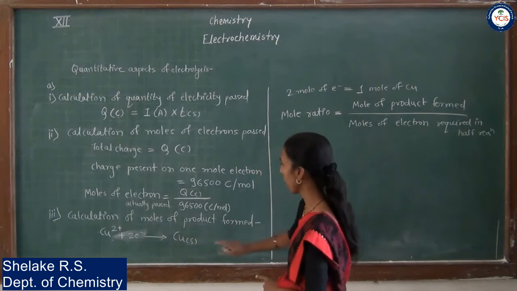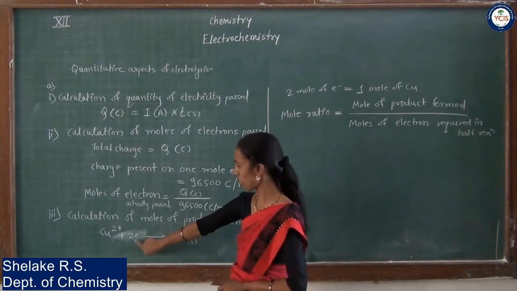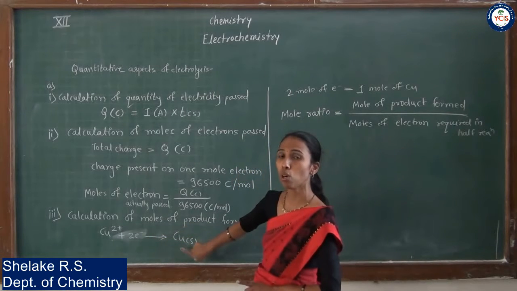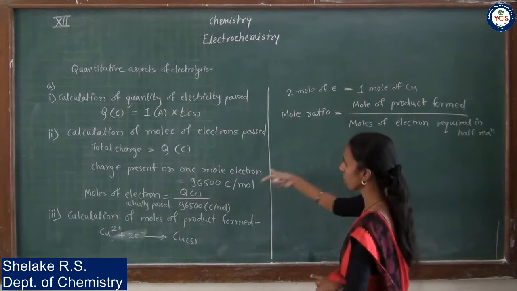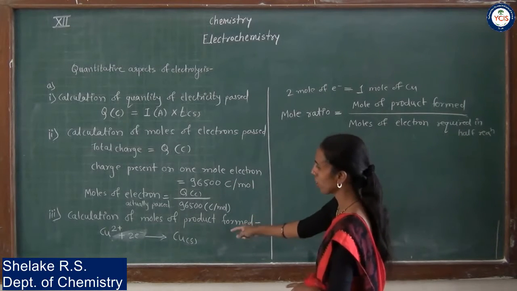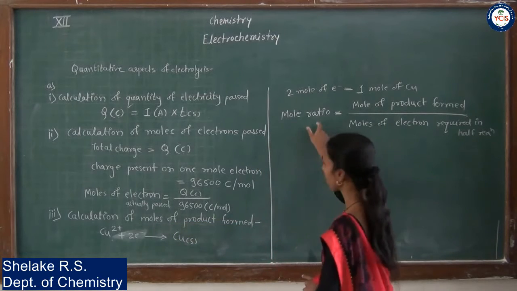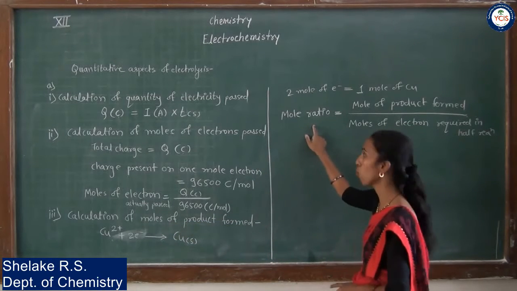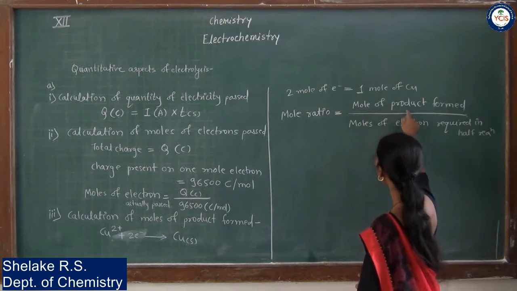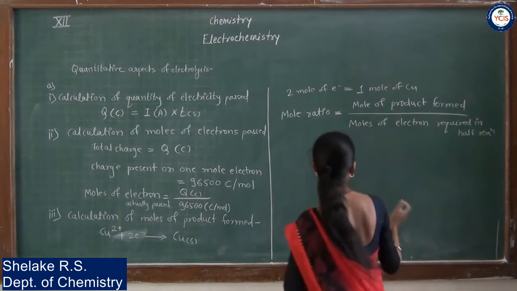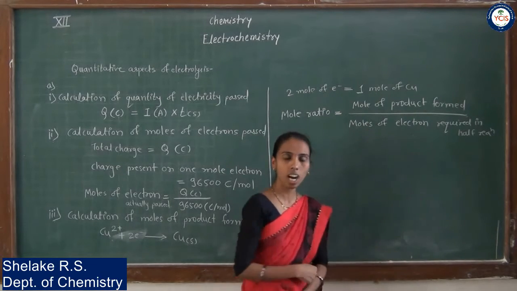When you consider this reaction, you understood that 2 electrons are required for the formation of 1 mole of copper. For simplifying the formula for finding out the moles of product, we consider one term which is called a mole ratio. This is nothing but the ratio of moles of product formed in the half reaction divided by moles of electron required in the half reaction.